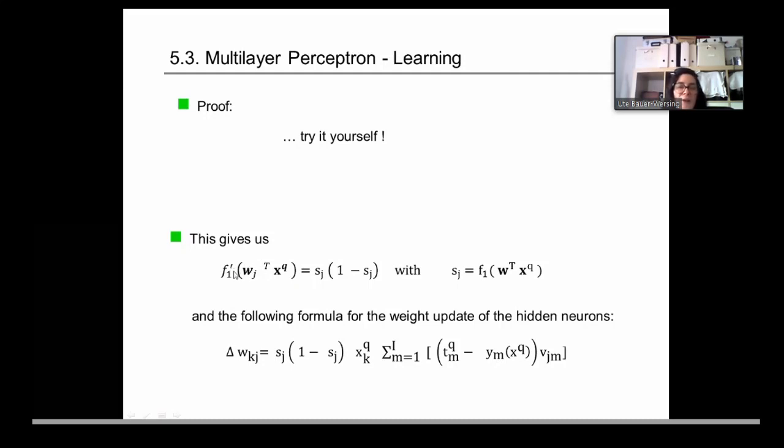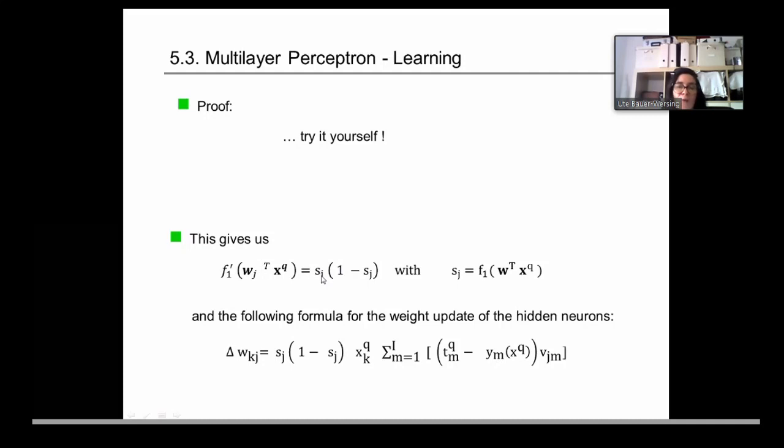And in our network, just for the notation, the derivative of the sigmoid transfer function, given the argument of the transposed weight vector of j times x_q, is equal to s_j, the output of the j-th neuron, times 1 minus s_j.